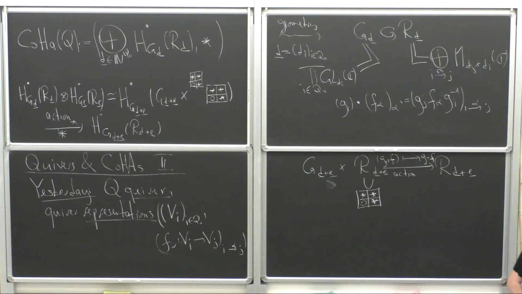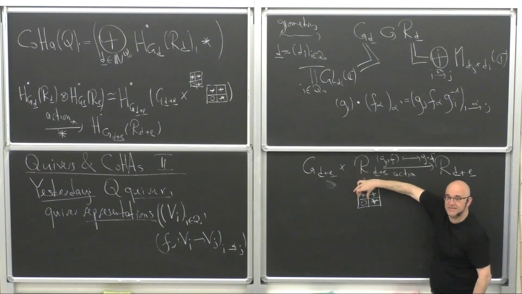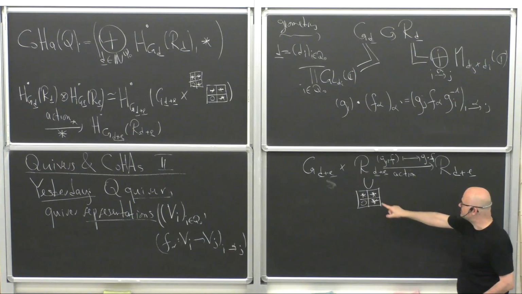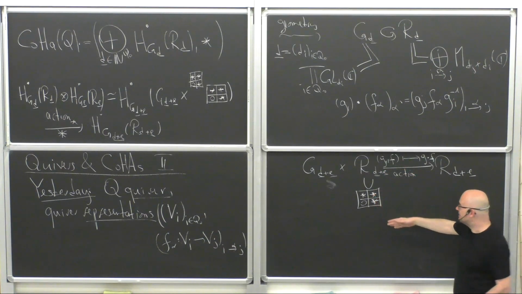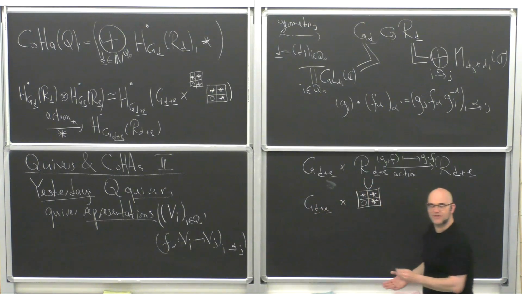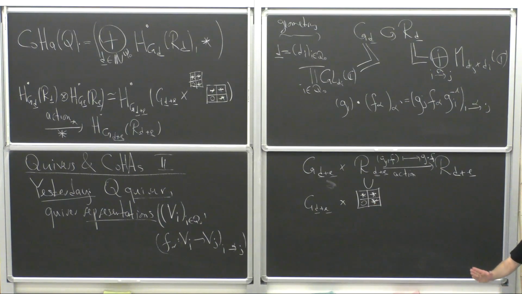And this, I argued yesterday, means that it fits in the middle of a natural exact sequence. Here this block is a subrepresentation, and this block is a quotient representation. That was the essential information. So this is a subspace in here, and we can, of course, restrict the action map to that subspace and just map from here to here. No problem at all.